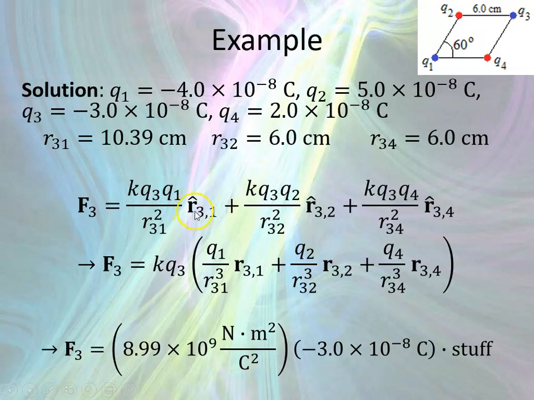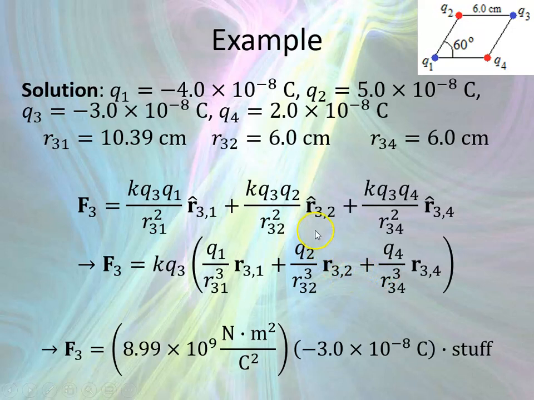In this case, the unit vector from charge 1 to charge 3 is equal to the actual vector from charge 1 to charge 3 divided by the magnitude of that vector. Well, that's nice. We already have the magnitude of that vector. Now all we need is the actual vector itself. In fact, this is an approximate form of the magnitude, 0.1039 meters, which I got by taking 6 times the square root of 3 and just rounding it out to 4 sig figs.